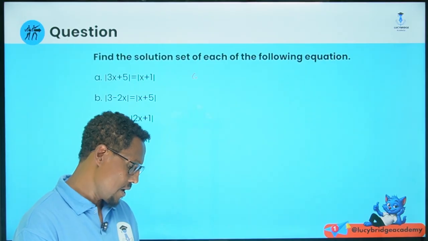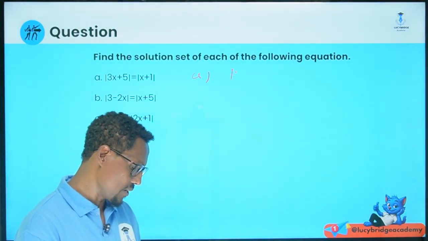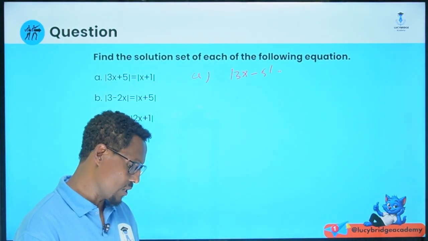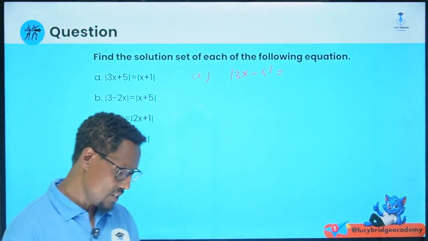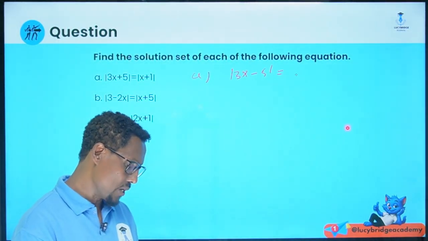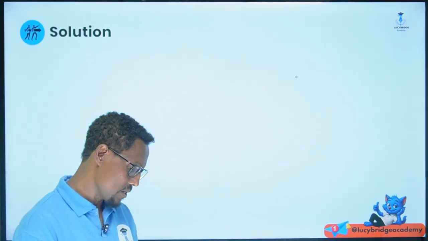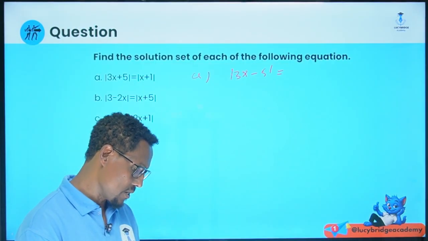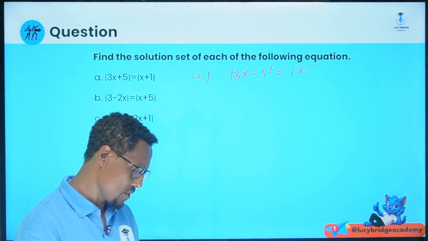Find the solution set of each of the following equations. Okay, A, the absolute value of 3x minus 5 is equal to, as we defined before, the absolute value of x plus 1.